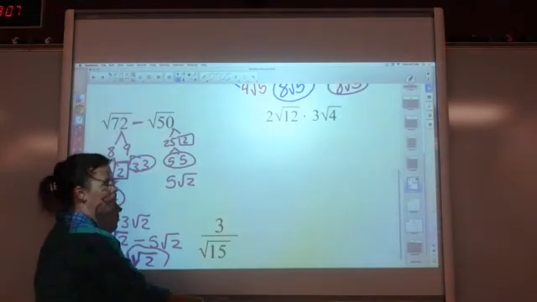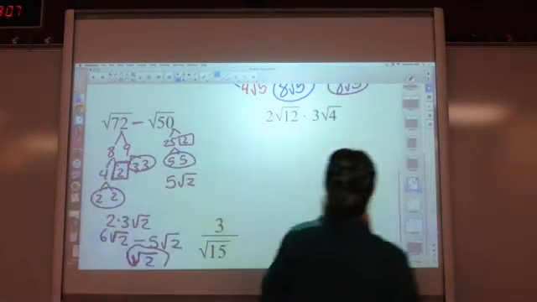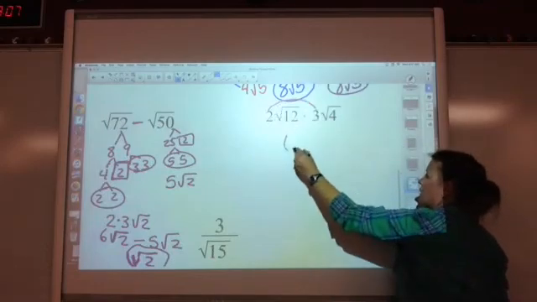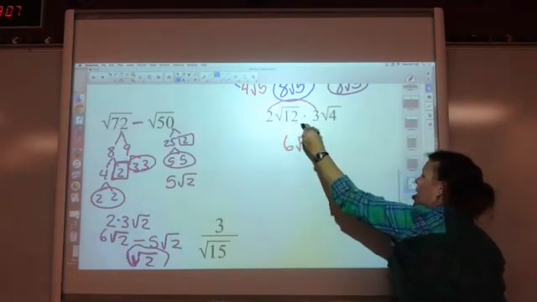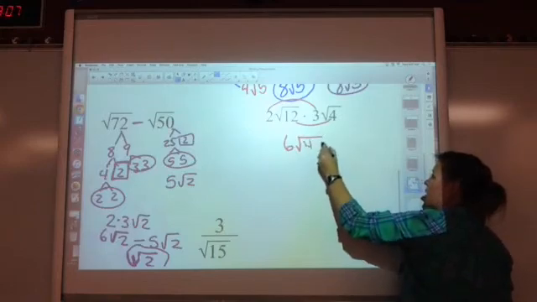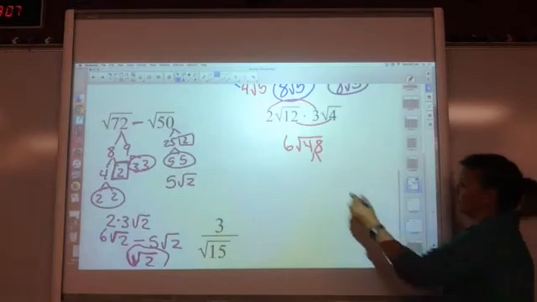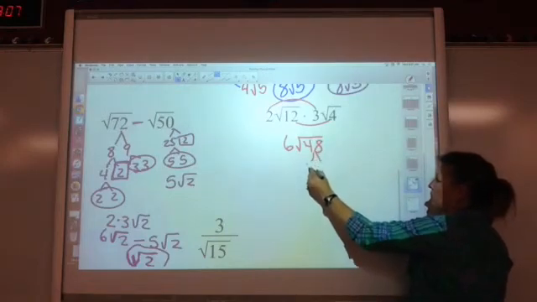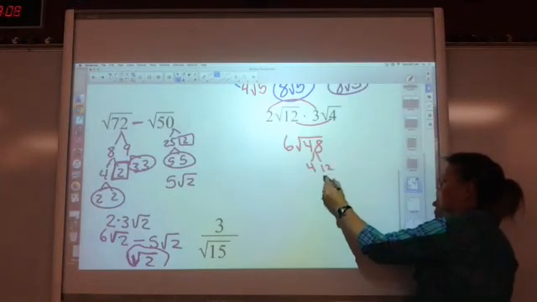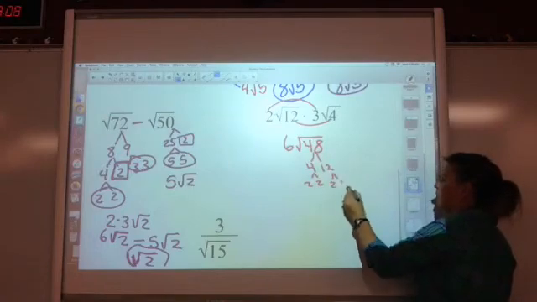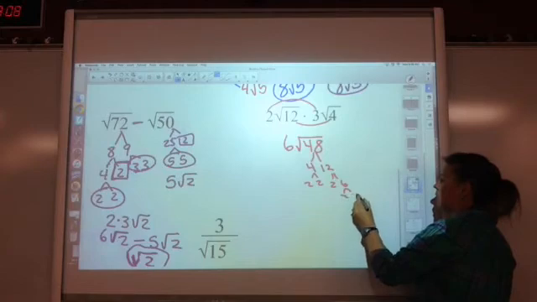Let's try a multiply one. In the multiplication, you multiply the outside numbers. 2 times 3 is 6. Multiply the radicals. 12 times 4 is 48. If this breaks down, you still have to break it down. If it doesn't, you're done. 48 breaks into a lot of things. I'm going to use 4 and 12, 2 and 2, 2 and 6, 2 and 3.